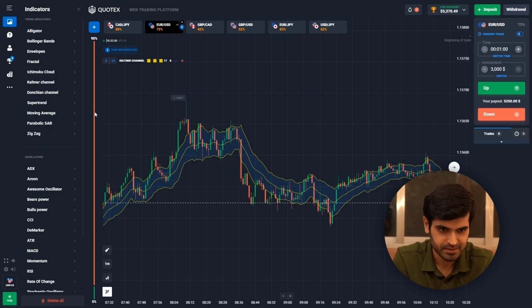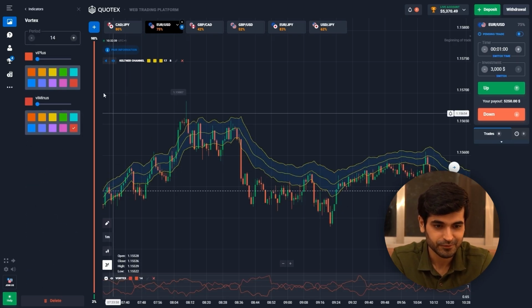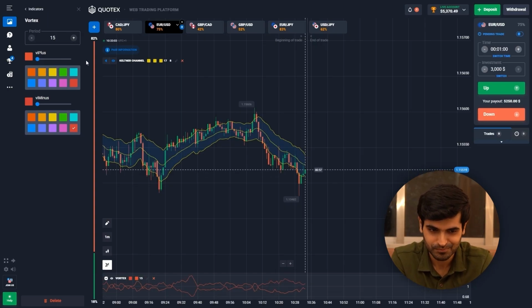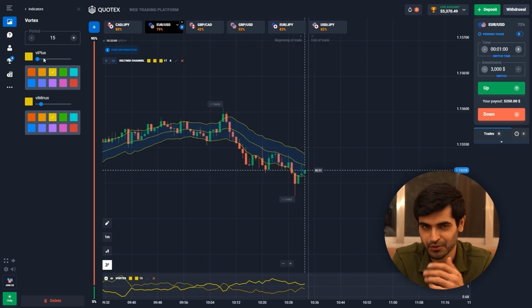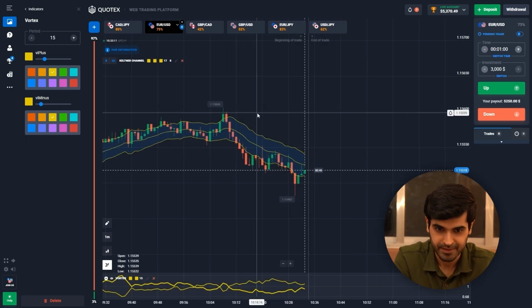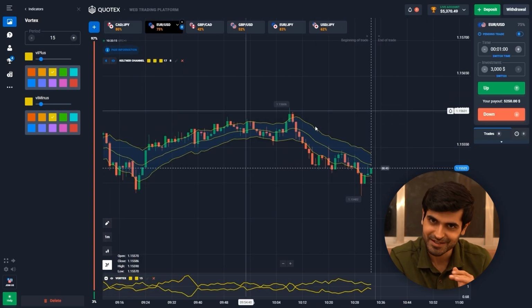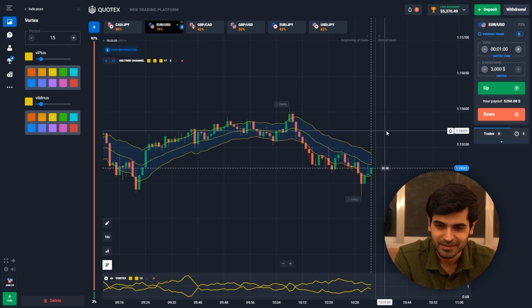Now for Vortex, adding it to the chart. Only one setting here. Set period to 15. Crucial, guys. Feel free to tweak line colors or thickness for visibility as per your convenience. In any case, the strategy is now ready for action. Test it out, adjust if needed, and see what it can do.